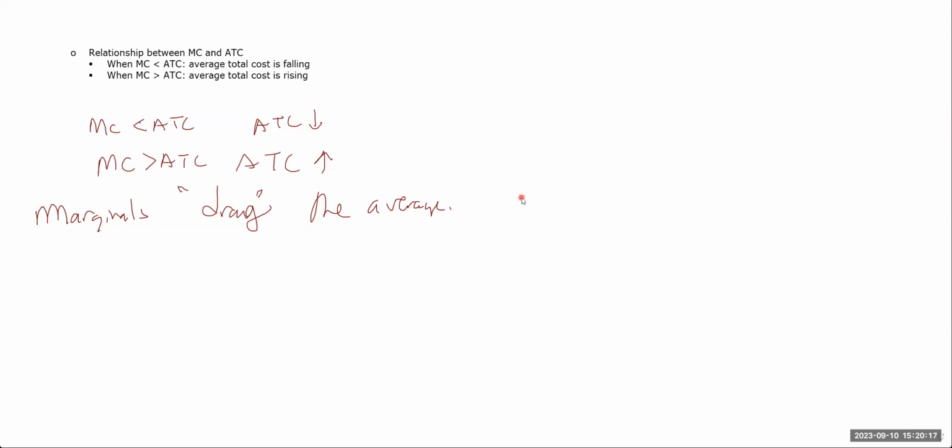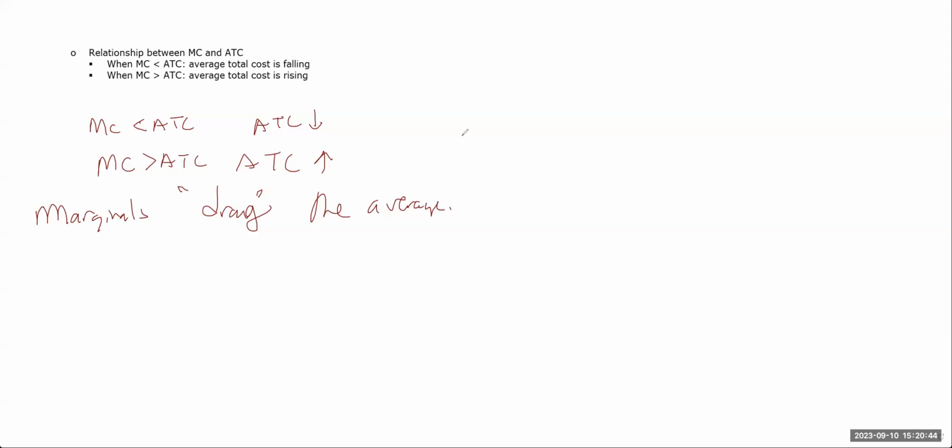If the next time he got the ball he got stuffed at the line of scrimmage, then he got 0. His marginal contribution was 0. His average was 5. It will lower his average. Marginals drag the average.